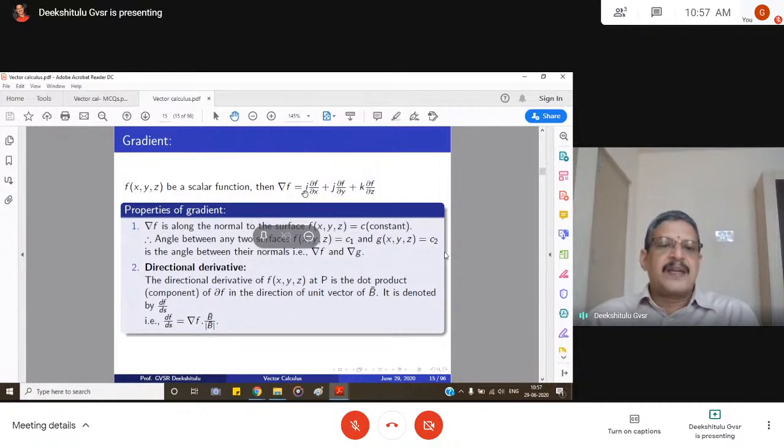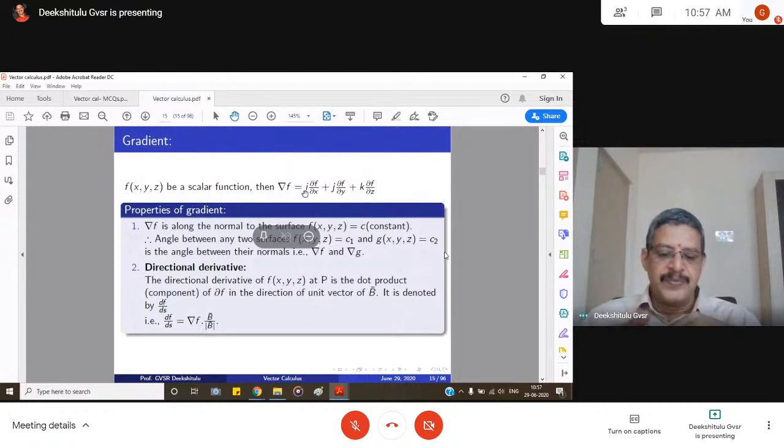So basically what does this f of x, y, z represent? Let us say f of x, y, z is a scalar function. Generally in vector calculus it represents a surface in space, like the surface of this rice.